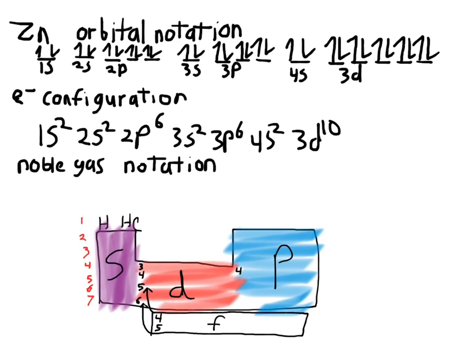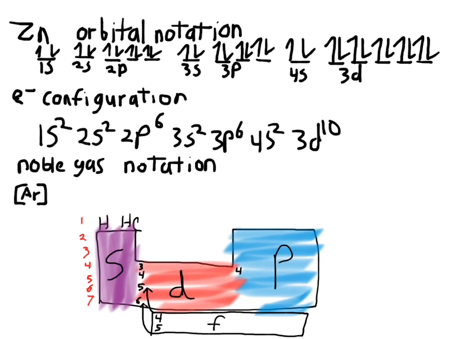Noble gas notation is where you put in brackets the symbol for the previous noble gas. So even if you're doing a noble gas, you have to go back to the previous noble gas, and that represents the electron configuration of that noble gas. So for zinc, you go to the previous noble gas, previous atomic number, and that is argon. So in brackets you put argon.